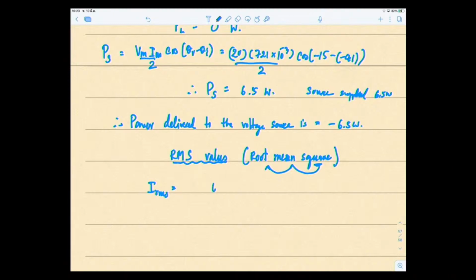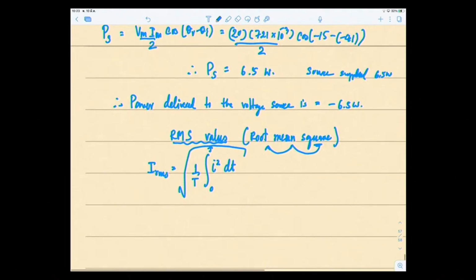So you square your current, then you take the mean, so integrate with respect to time over a period T, and then you square root it. Ta-da, like this. If you do it for VRMS, it would also be the square root of 1 over T, integrate from 0 to a period T of v squared dt. So this is VRMS.